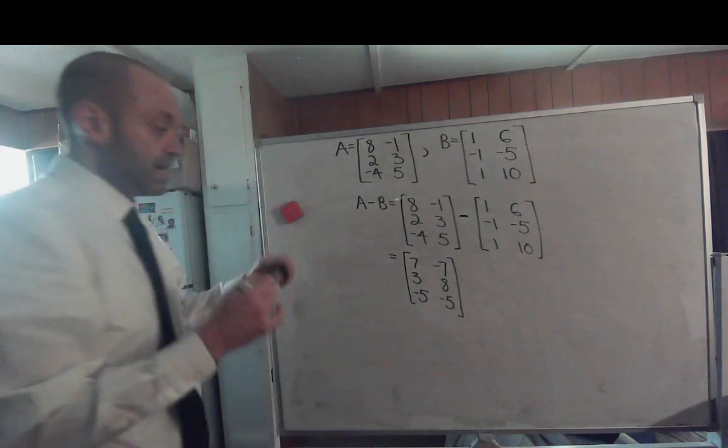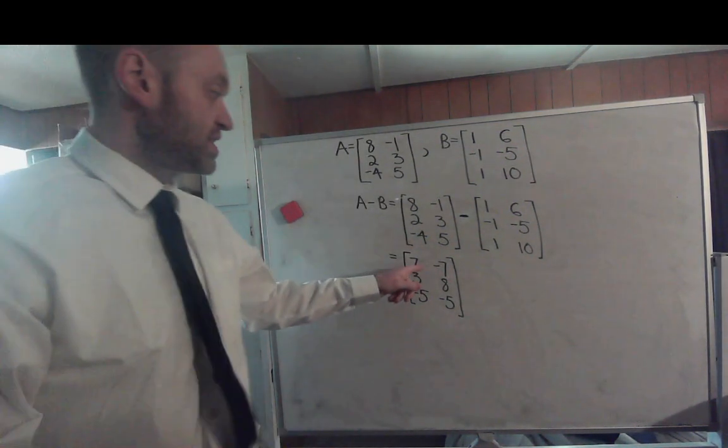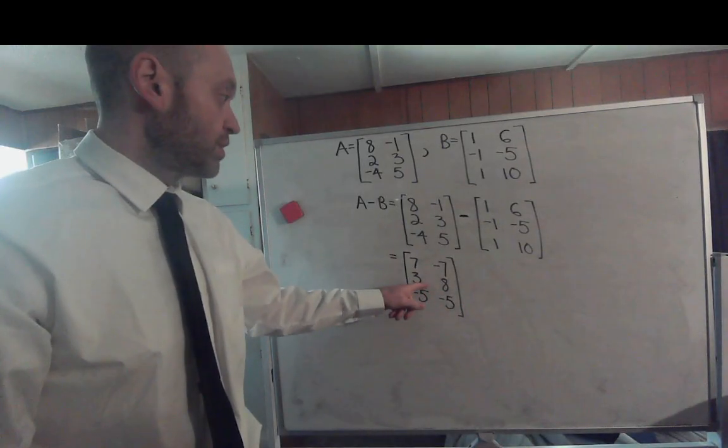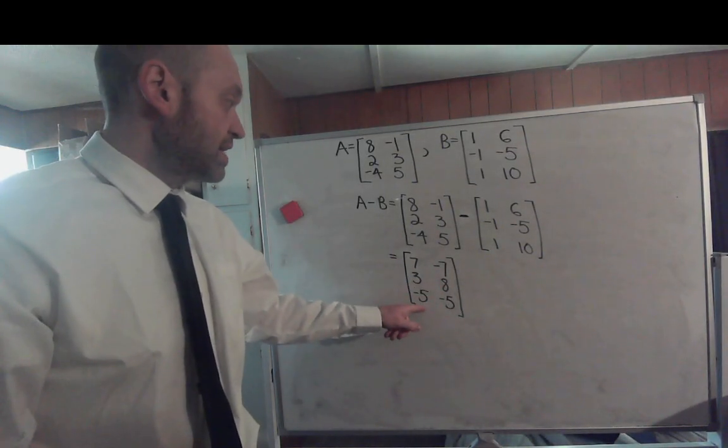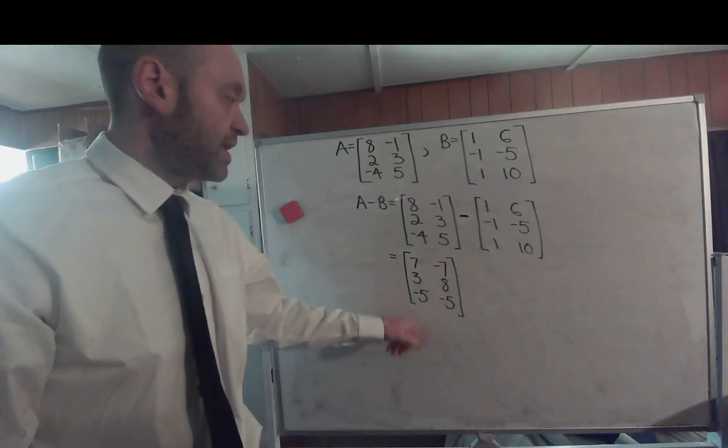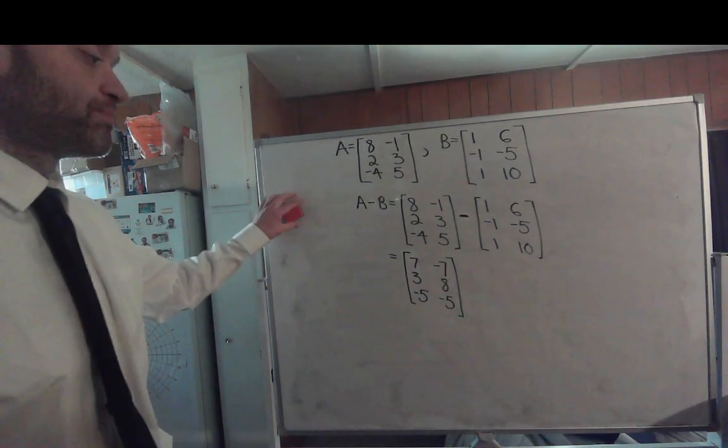So that leaves A minus B having entries 7, negative 7, 3, 8, negative 5, negative 5.